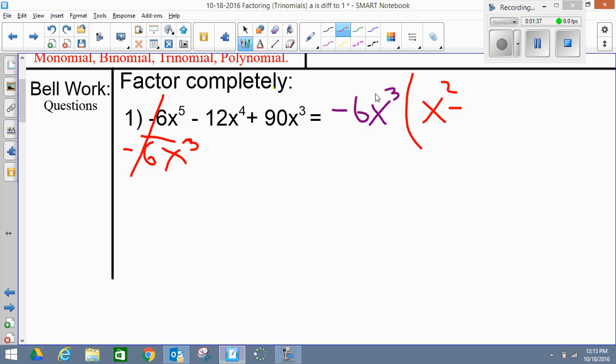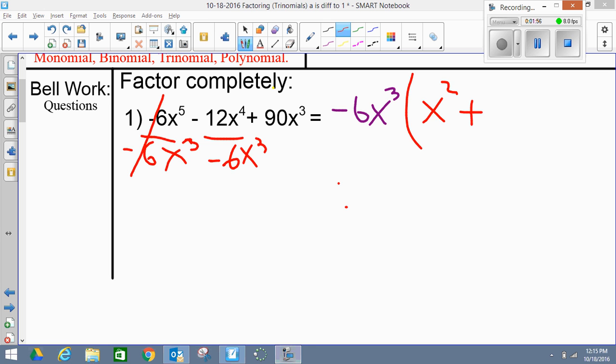Bring the negative: -x squared. Next, 12x to the fourth divided by -6x cubed. Negative and negative is going to be positive, and this is horrible, right?